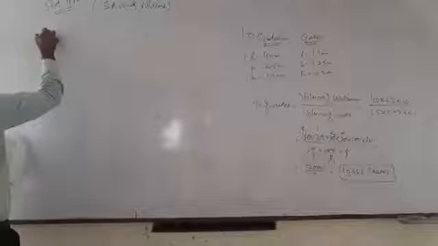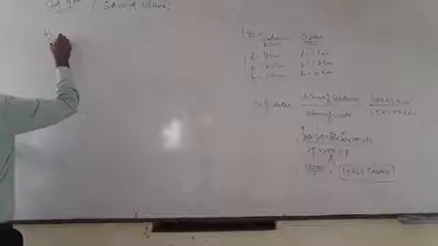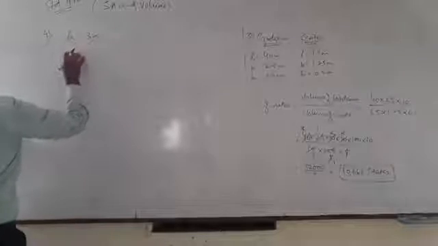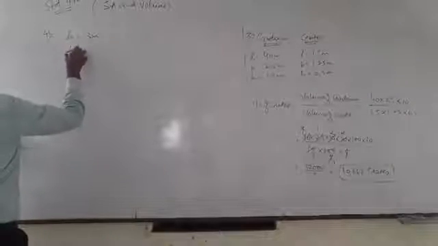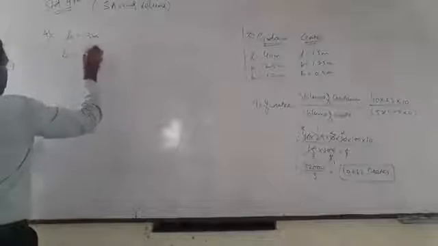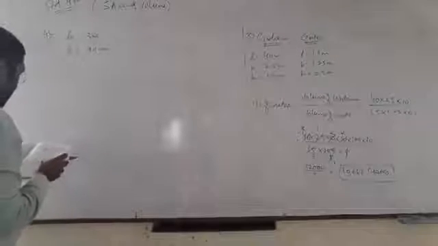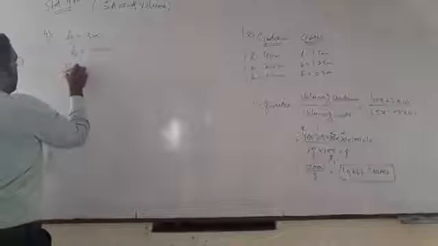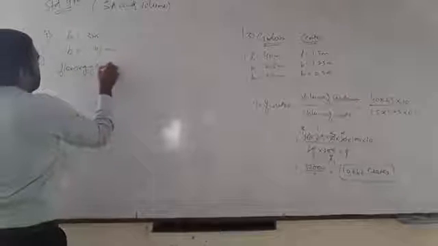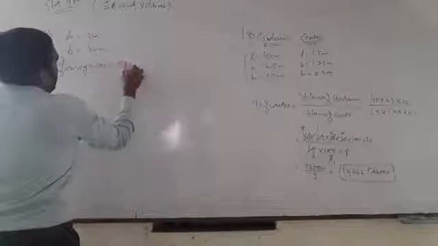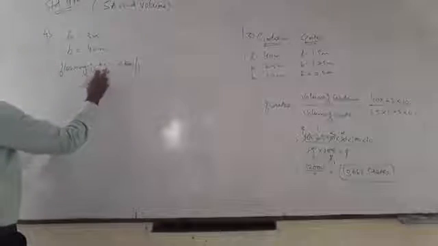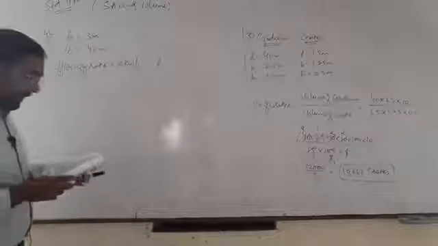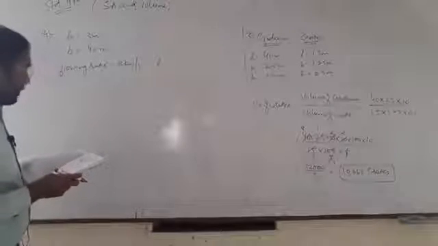Here the height of the river is 3 meter deep, and the breadth is 40 meter. The flowing rate is given, 2 km per hour. We have to take this flowing rate as the length of the river.